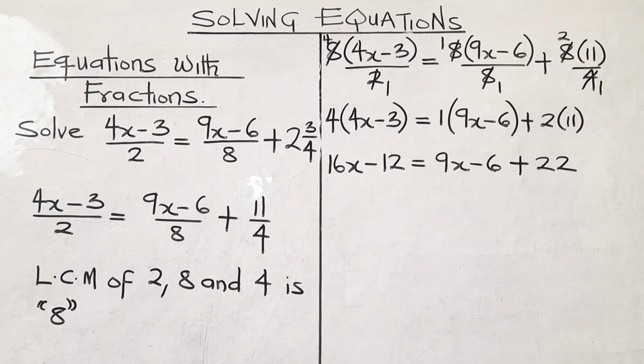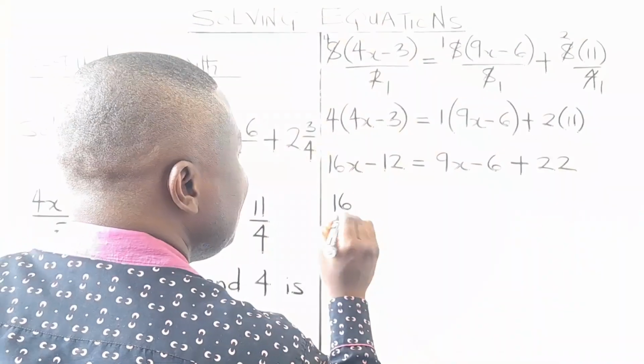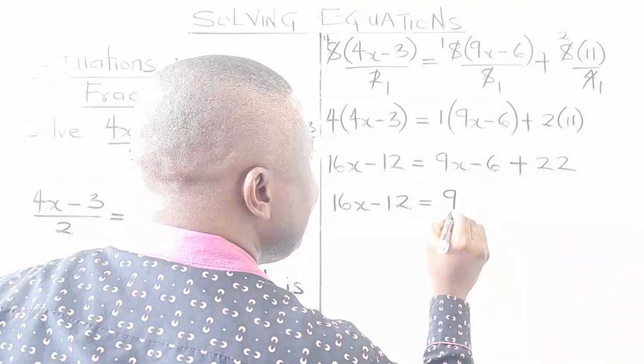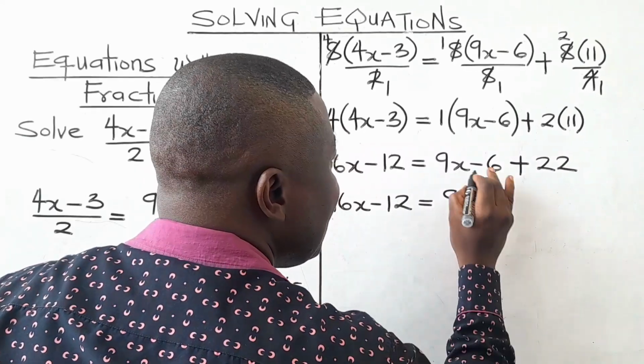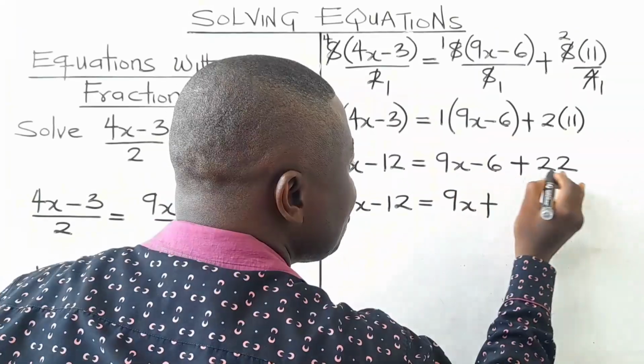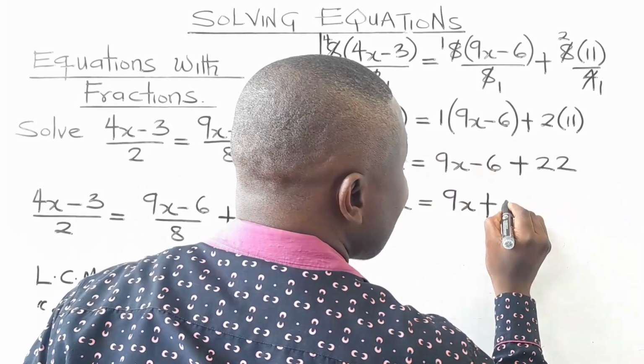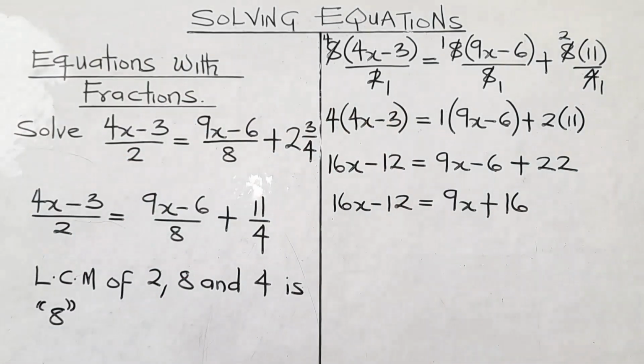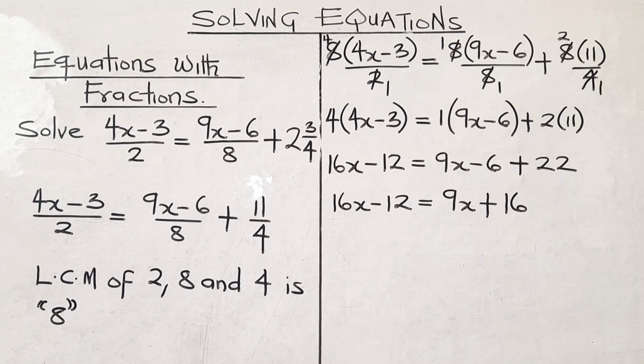Let's look at it critically. So the next step is to reduce it. So this gives us 16x minus 12 equal to 9x plus negative 6 plus 22 will give us positive 16.